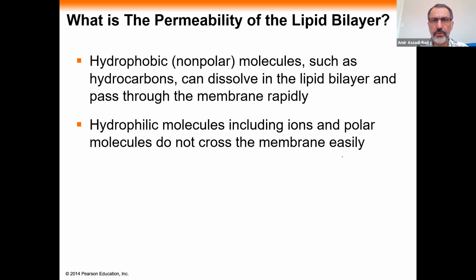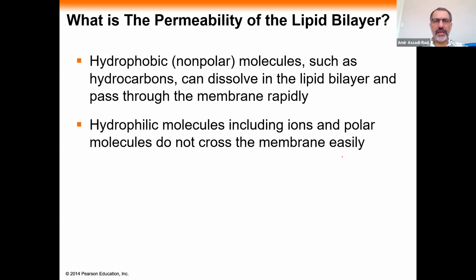And hydrophilic molecules, including ions and polar molecules, do not cross the membrane that easily. So ions and polar molecules do not go through easily, but hydrophobic non-polar molecules can go a little bit faster. Of course, this is a general rule.